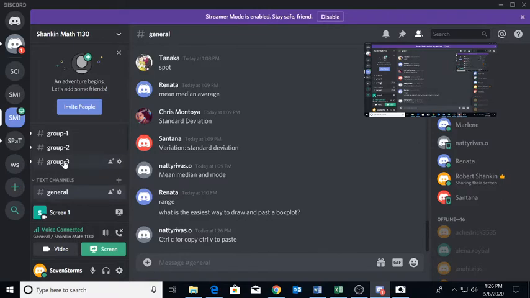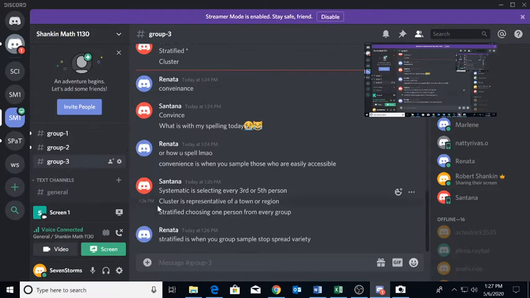All right, let's check in with the groups on the descriptions. Yep, systematic might be selecting every third or fifth person. Convenience, to sample those who are easily accessible. I wanted to throw in one more thing about that.